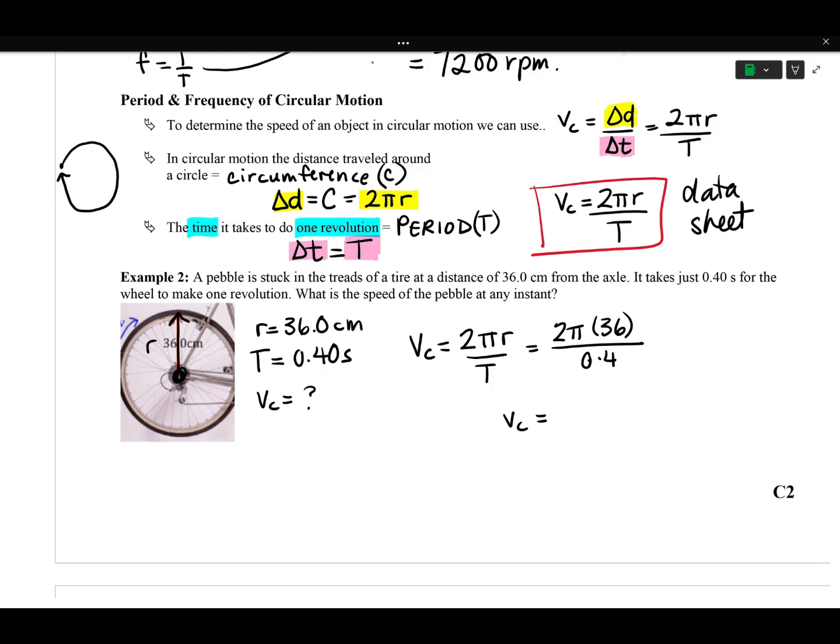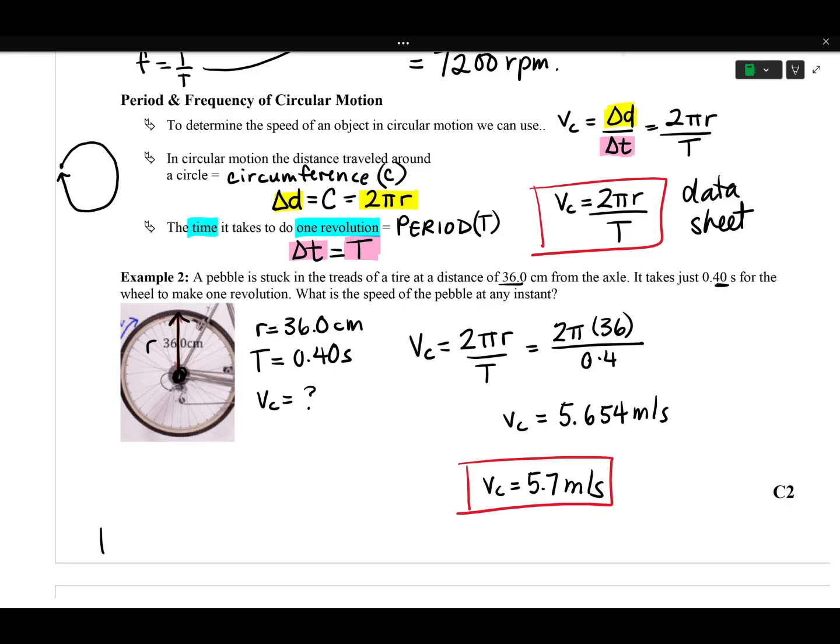If you plug that into your calculator, the circular speed will be 5.654 meters per second. And then if we look at significant digits, I've got 3, I've got 2, so we're going to round it to 2. v C will equal 5.7 meters per second. And that would be our final answer.